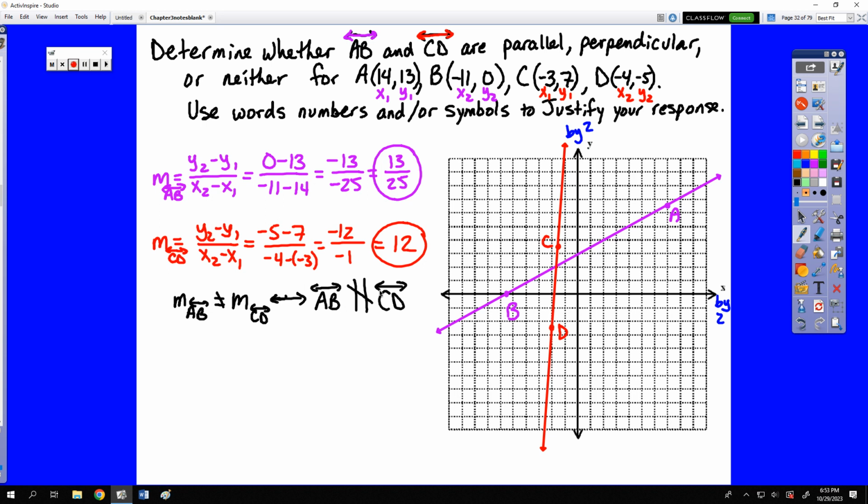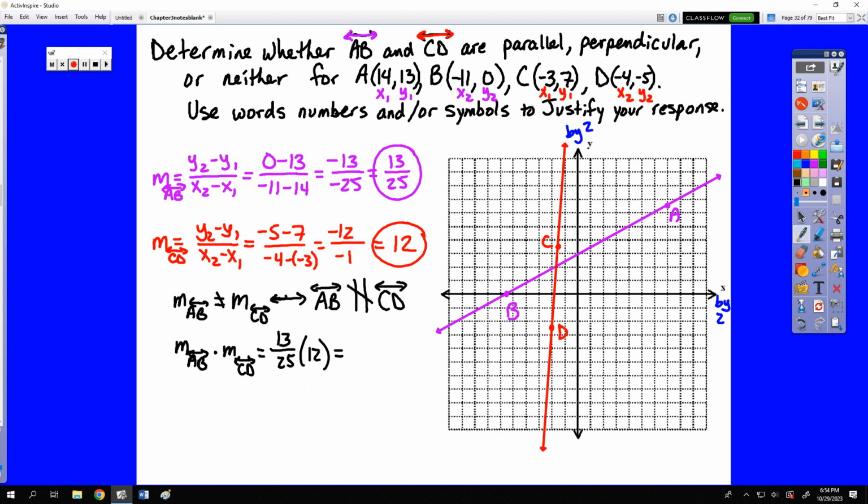Okay, then I would turn around and say, well, what if I multiply those slopes together? If I multiply the slope of AB times the slope of CD, I am doing 13 over 25 times 12. That is definitely not equal to negative 1 because both of those numbers are positive.